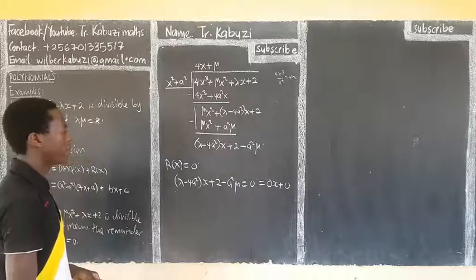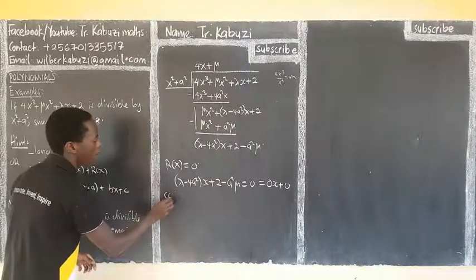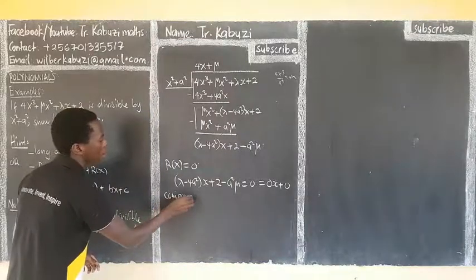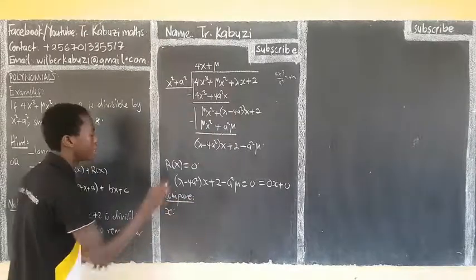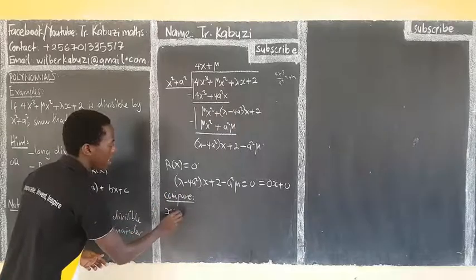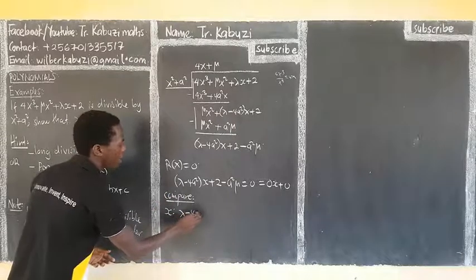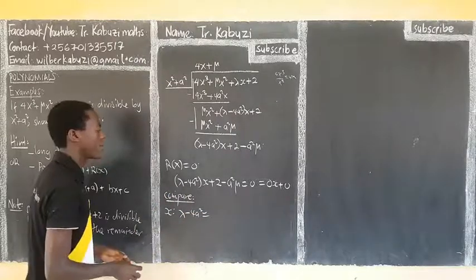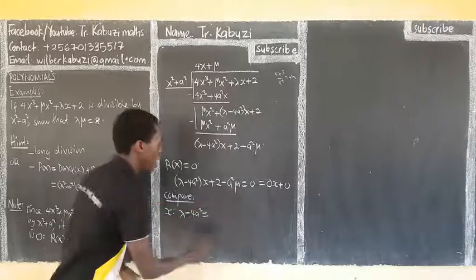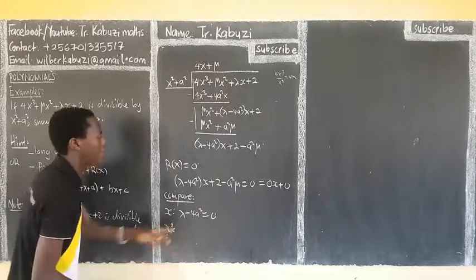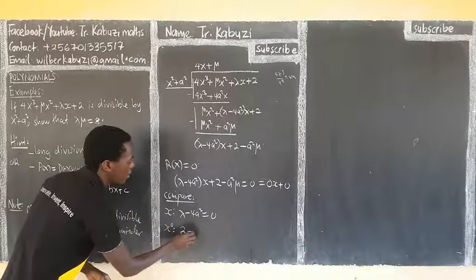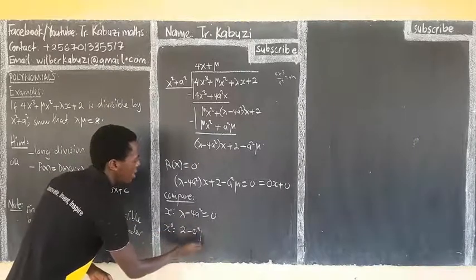Now if I compare coefficients, you see for x, this side I have lambda minus 4a squared. The coefficient of x on the other side is 0. Then for constants, x to the power 0, this side I have 2 minus a squared mu.